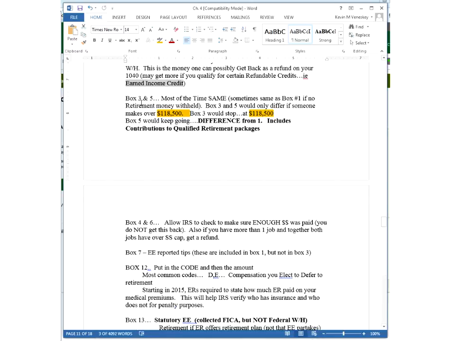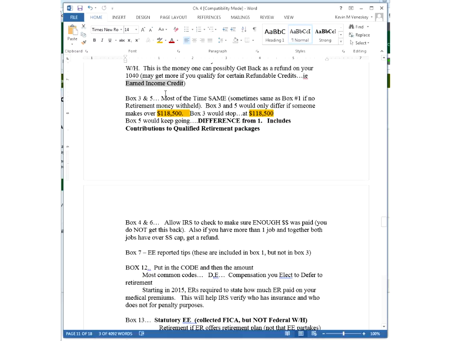Boxes 3 and 5 are your Social Security taxable wages and your Medicare taxable wages. For a lot of people, boxes 1, 3, and 5 are always going to be the same. Now, there are times when they won't be the same.